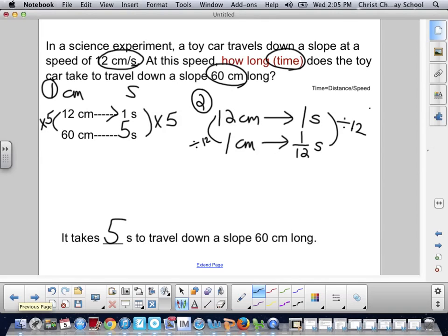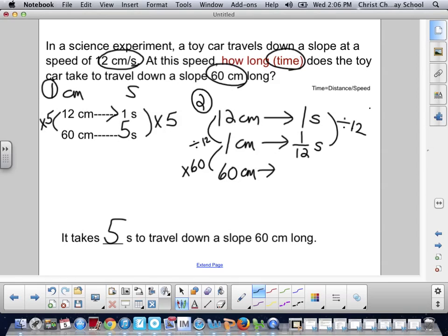So now we're still trying to figure out that 60 centimeters. That's still our goal, to figure out how long it's going to take to travel 60 centimeters. Now that we figured out 1 centimeter, it's going to be pretty easy to figure out what 60 is. To do that, we ask ourselves, okay, 1 times what will give us 60?